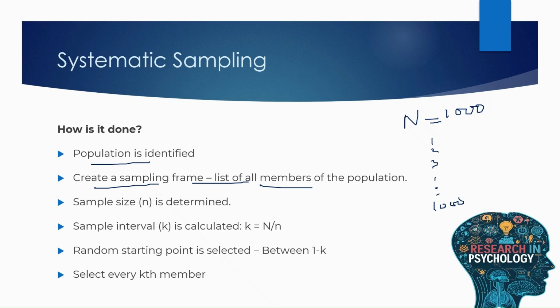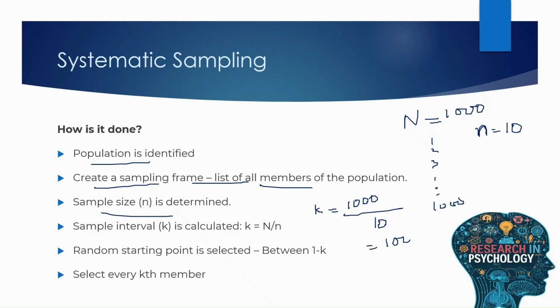Then I determine the sample size, the size of the sample I require. Suppose my sample size is 10. I want only 10 people from these 1,000 people. Now the sample interval K is calculated, the interval at which you have to choose a person. That is 1,000, capital N, divided by 10, the sample size.